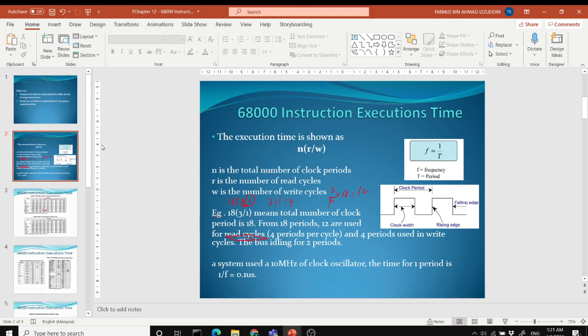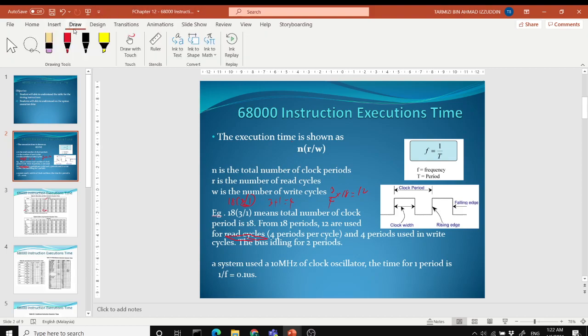And the bus idling is for 2 periods. I made a mistake just now. It's actually not 18, it's 16. Why? Because out of this 18 clock periods, 2 are used for bus idling. Let me write this correctly.